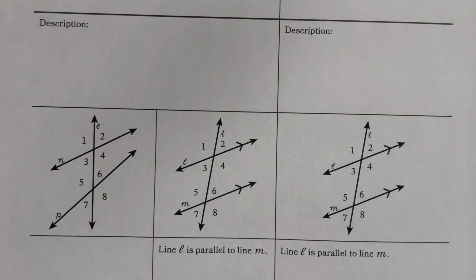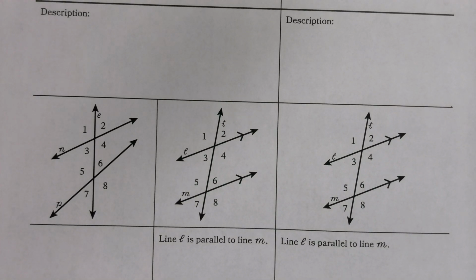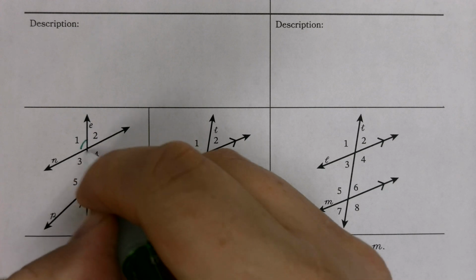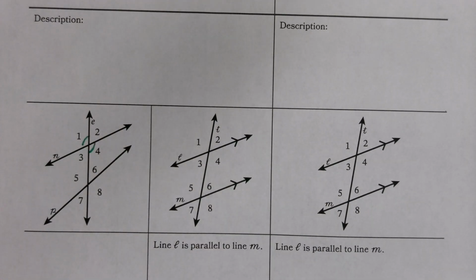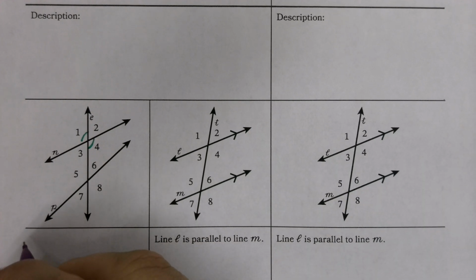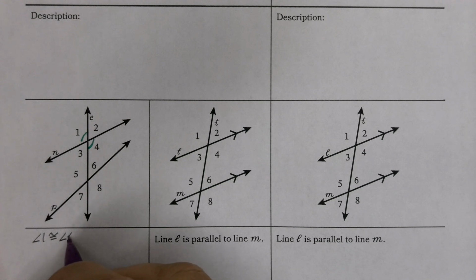When we're looking at this first one, we've got two graphs here, and if we look at both of these, we're looking at vertical angles. If you have angle 1 and angle 4, we would say the measure of angle 1 is congruent to angle 4.